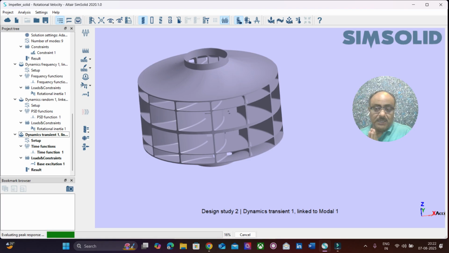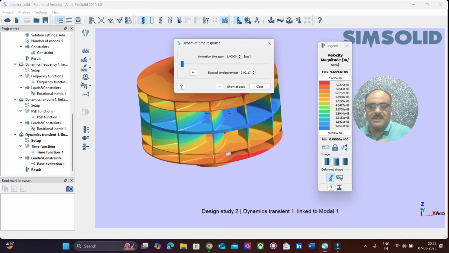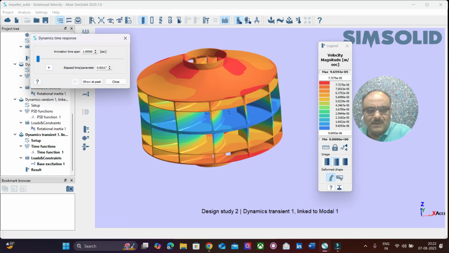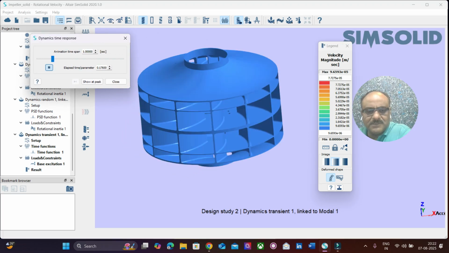What would be the velocity with which the entire system is going to move? That is very important, because we have given a 1 G load to this, and here we find it is 0.0008 meter per second. So this is a very small response value.